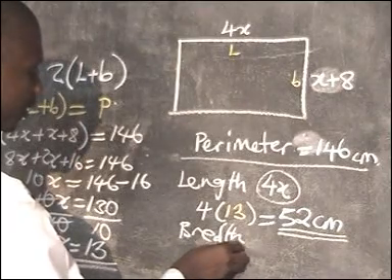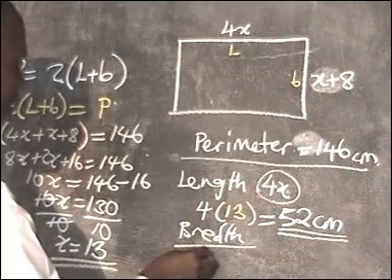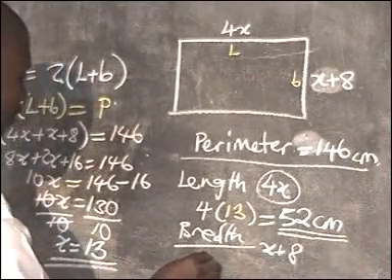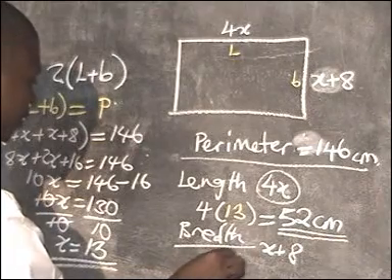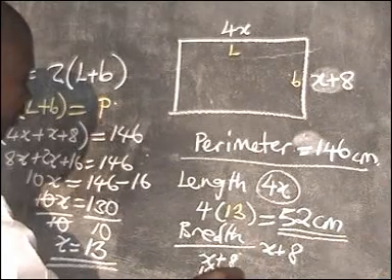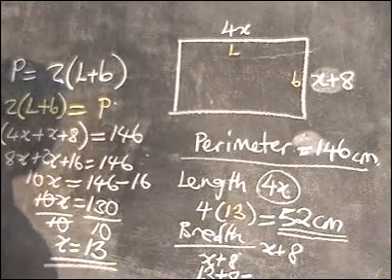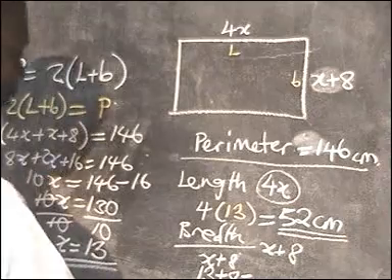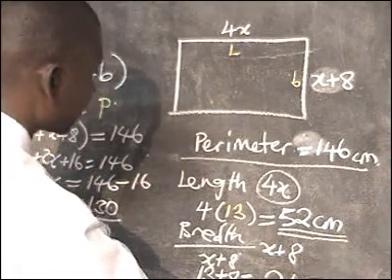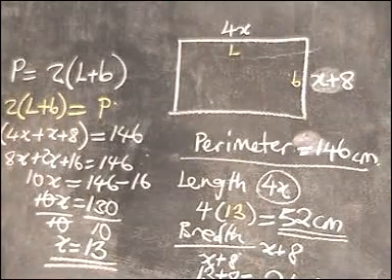Width or breadth, this is given by x plus 8, which means 13 plus 8, and this way you get 21, and you apply centimeters like that.